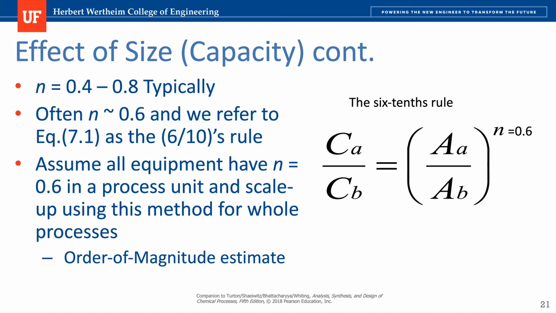It assumes all equipment have n equal to 0.6 in a process unit and scales up using this method for whole processes. It is just an order of magnitude estimate. If you need to do the final economic analysis, you really need to get better information. But for this class, we can use any of these methods to get the purchasing cost of the right equipment at the right capacity.